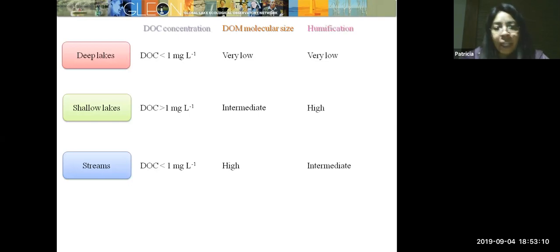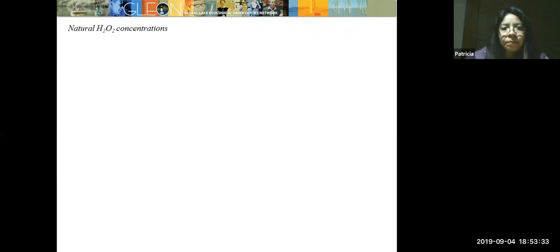Regarding humification, in deep lakes there was very low humification. The humification was measured with the HIX, the humification index, along with the fluorescence index. It was very high in shallow lakes and intermediate in streams. So the DOM characterization allowed us to determine different characteristics of the DOM of the different environments.